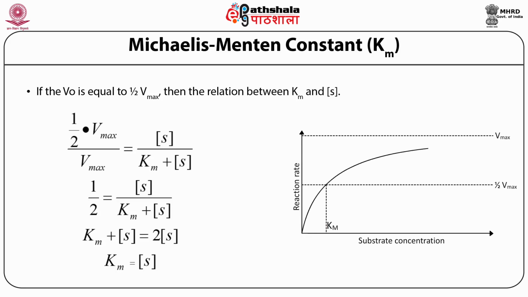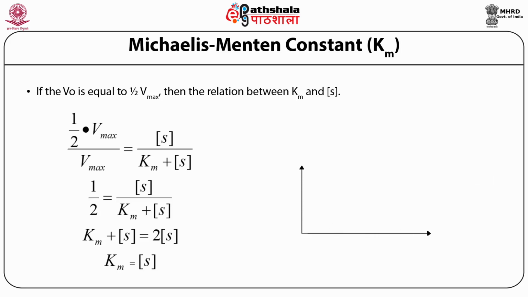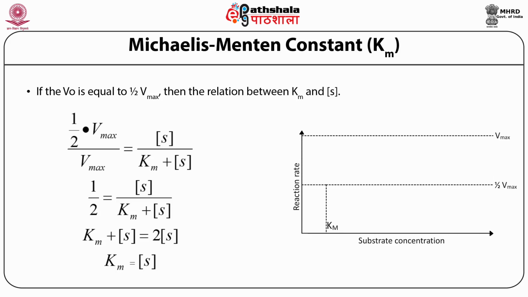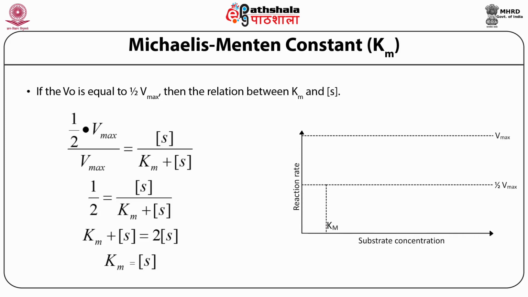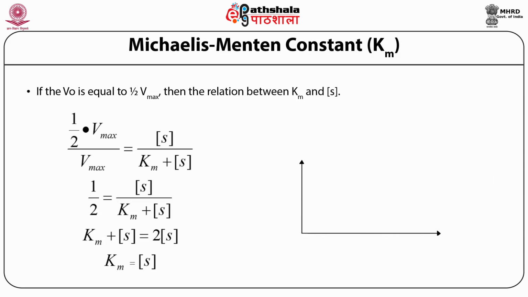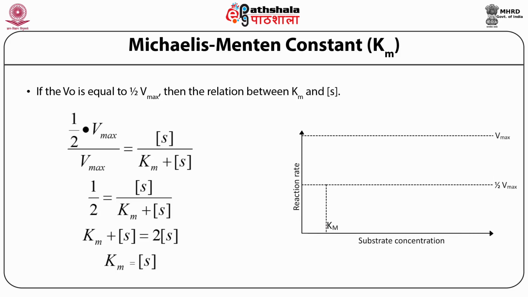If you see the graph, with substrate saturation the reaction rate increases until a condition is reached where a further increase in substrate concentration does not increase the maximum velocity. If half Vmax is marked on the graph, its corresponding substrate concentration on the x-axis is your Km.